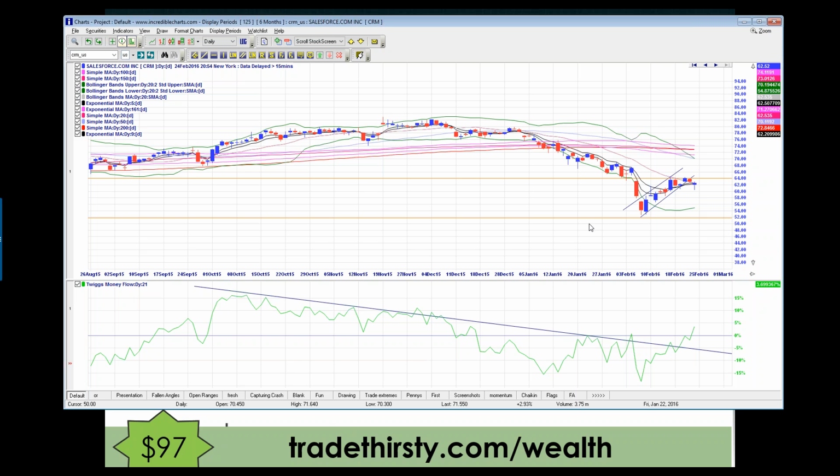CRM was actually an earnings play that we took as an options play up here when it hit resistance at 64. It broke down, and as you can see, what happened just over the last day is money flow actually broke through positively to zero. Now they reported, so I was holding a bunch of puts.